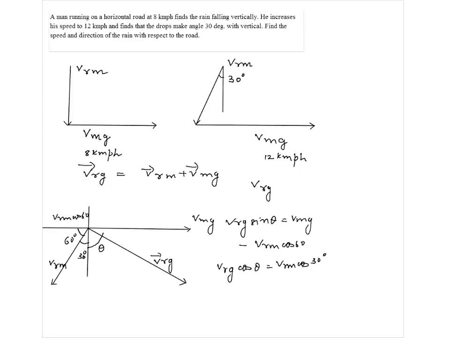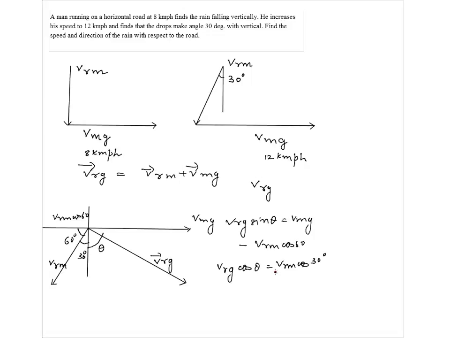We are finding 2 equations, one for this direction and one for that direction. For this direction, we got this one. And this is for the downward direction.